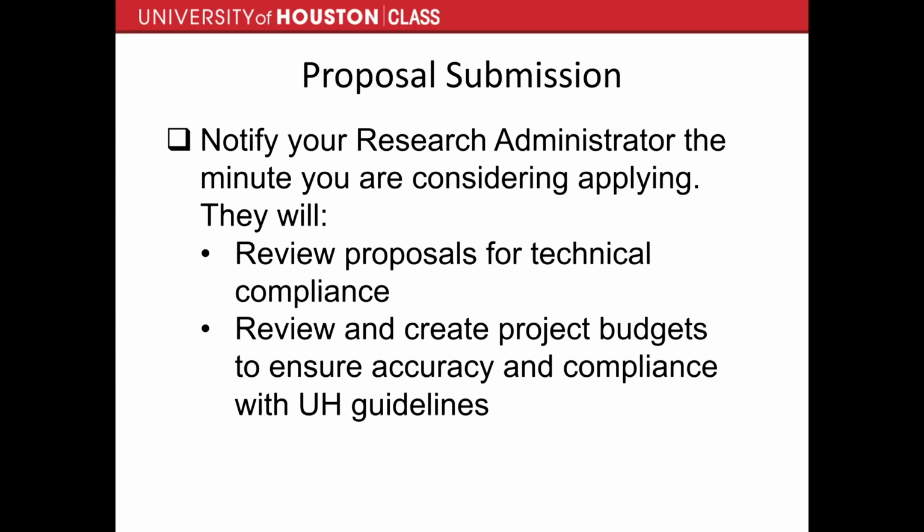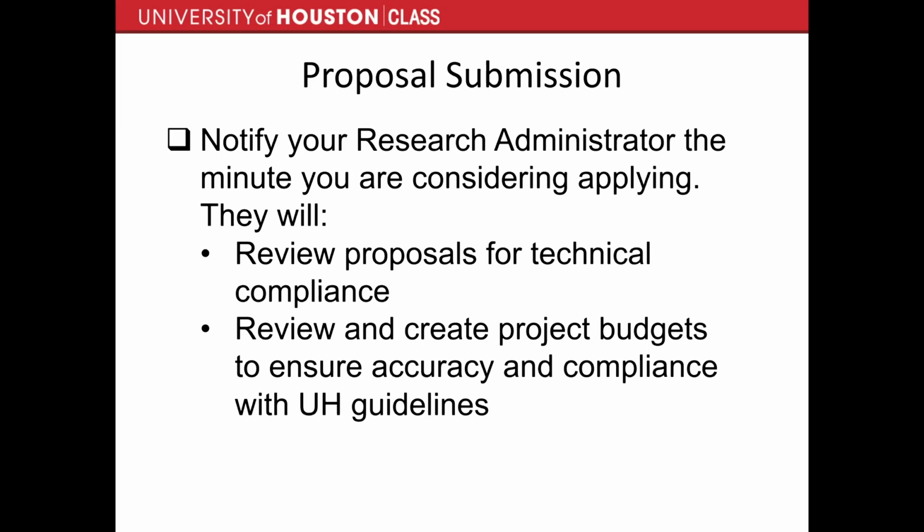Now, when you're doing the proposal development phase, it might also be a good idea to contact your research administrator then, but usually within our college, most people contact the research liaison officer when they're actually ready to submit. They have the bulk of the proposal developed, and so they contact the research administrator towards the end of that process.